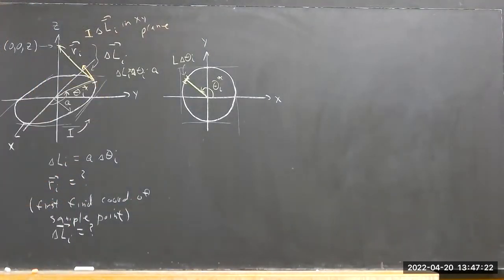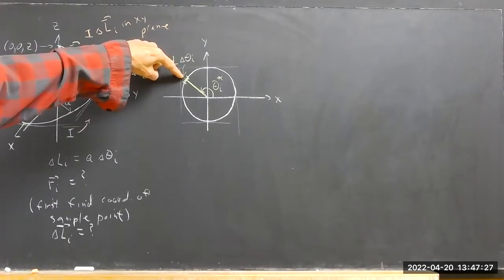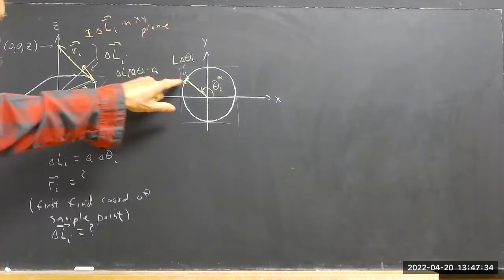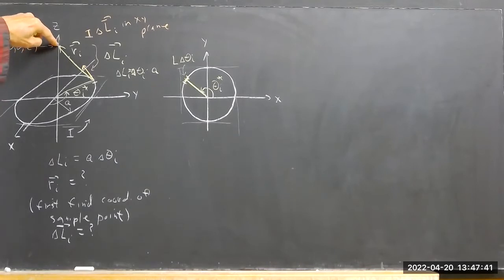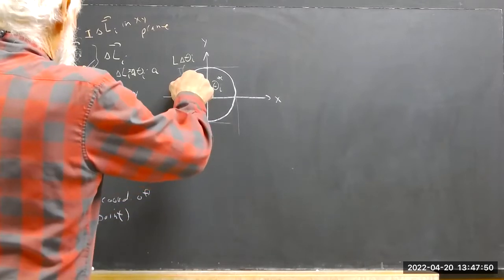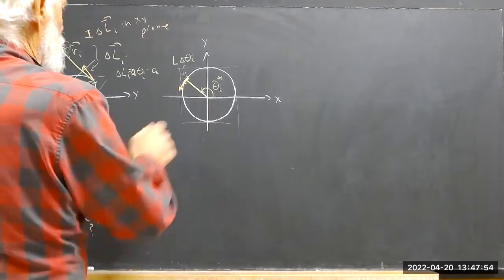So what are the rectangular coordinates of this point? Okay. So that I can put it together with the rectangular coordinates 0, 0, z of the point at which I'm calculating the magnetic field and do a cross product. Also, while we're at it, where's delta L sub I? Well, it's in the plane tangent to this. So here's your delta L sub I.